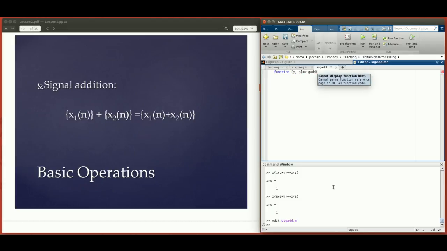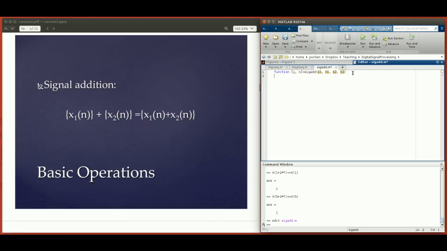And then it's going to take 2 input sequences. x1 is the amplitude of the first sequence, and it's also going to need a horizontal axis, n1. That's the first sequence, the amplitude and its horizontal axis. And then x2, n2, that's the amplitude and horizontal axis of the second sequence.